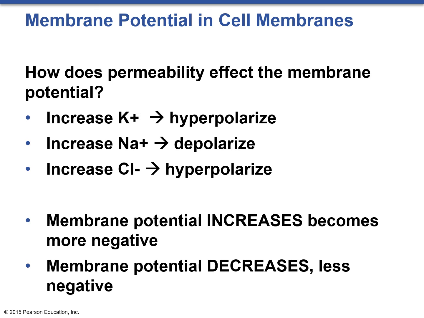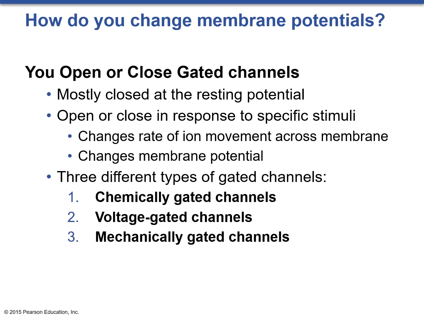This is called depolarizing. If we increase the movement or permeability of sodium, the cell can depolarize. This means the membrane potential decreases and becomes less negative or more positive. In some cases, it could even go above 0. Now, how do we keep changing these membrane potentials with the movement of ions?